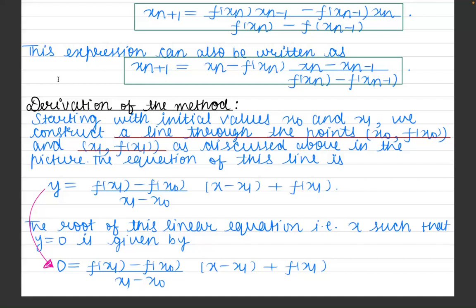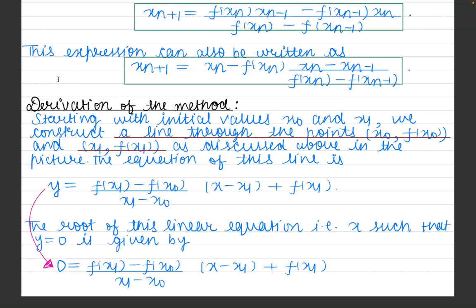If we solve this, it implies x is x1 minus f of x1 times x1 minus x0, over f of x1 minus f of x0.